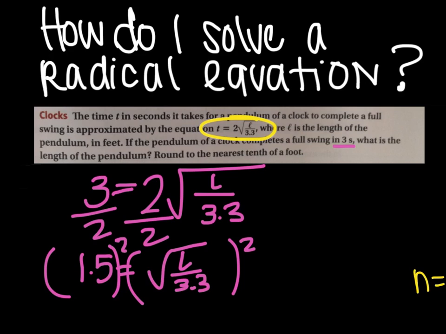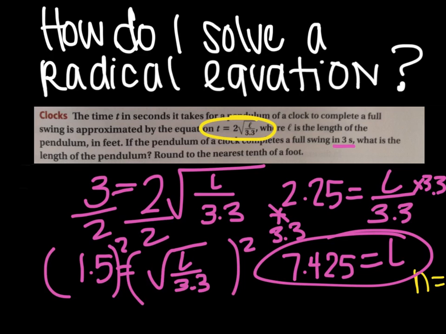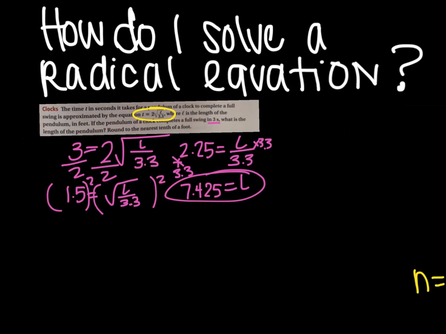And that's going to give me 2.25 to equal L over 3.3. Then to get L by itself, I have to multiply by 3.3 on each side. And that's going to give me 7.425 for equaling L. And because this is a word problem, we're talking about 7.4 feet long for the length.